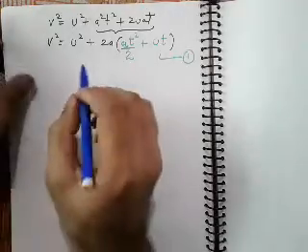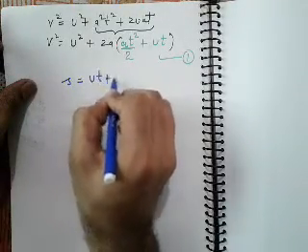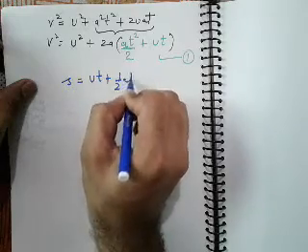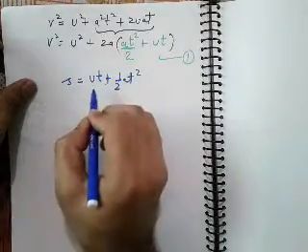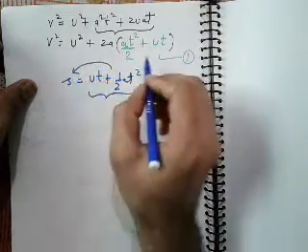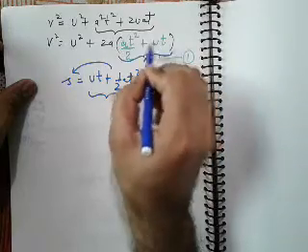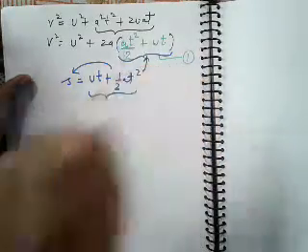Just watch our second equation of motion. s is equal to ut plus 1 by 2 at square. It means that ut plus half at square equals s. And watch this bracket term which is inside the bracket, ut plus at square by 2.